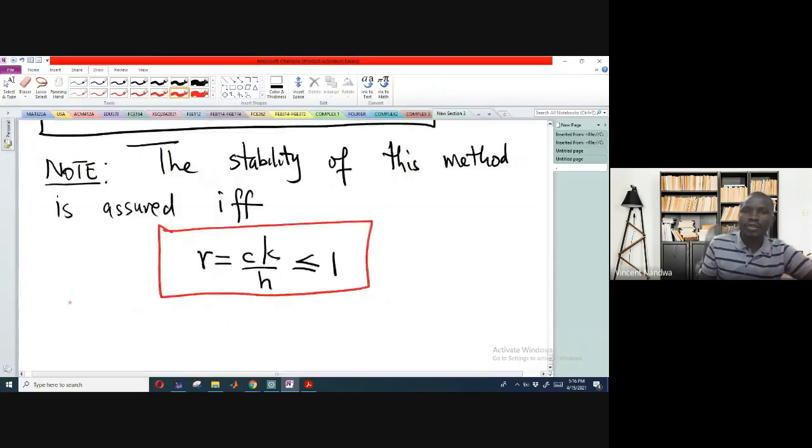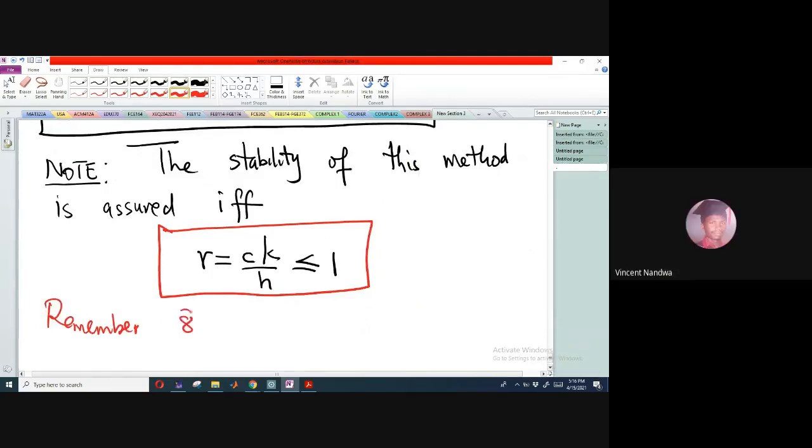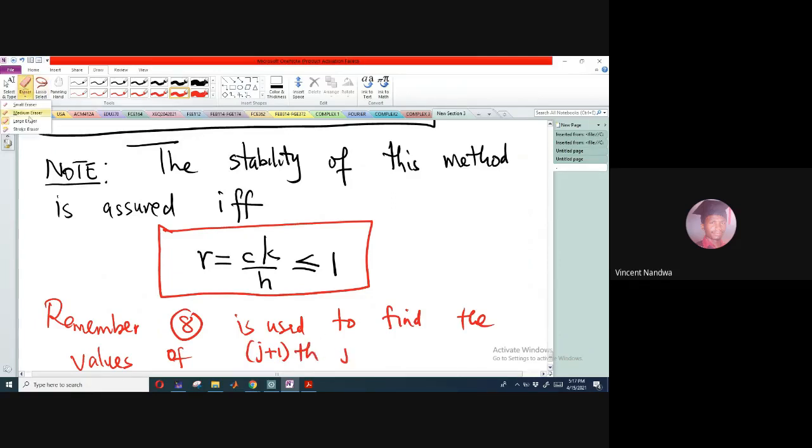Just remember that equation 8, which is the Crank-Nicholson scheme, is used to find the values of the j plus 1th row when you are solving a partial differential equation using this method.